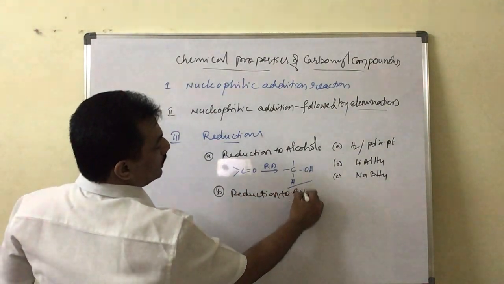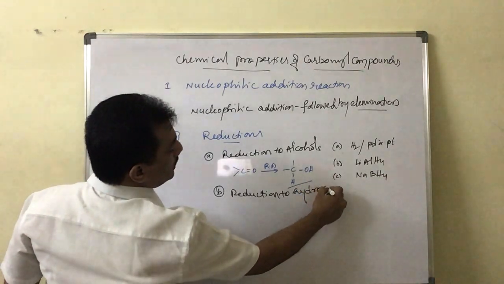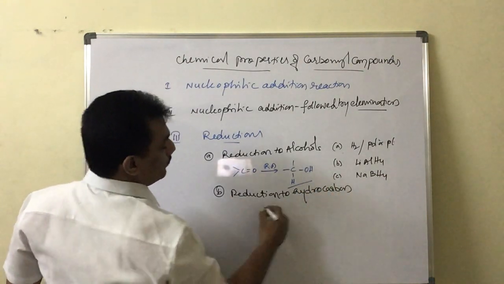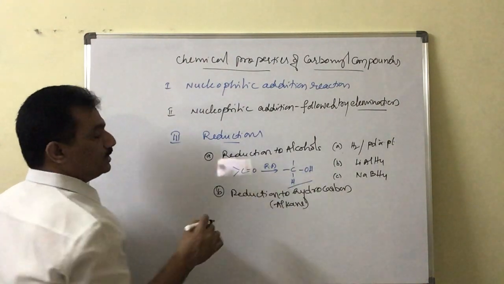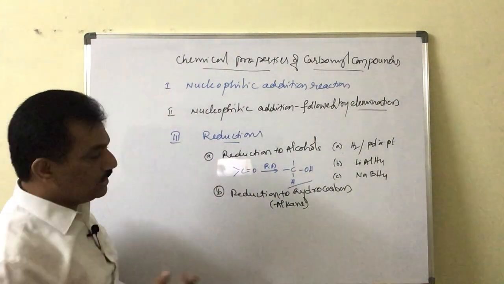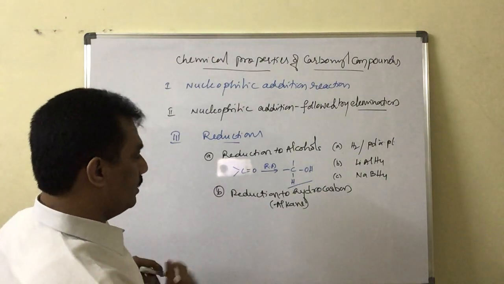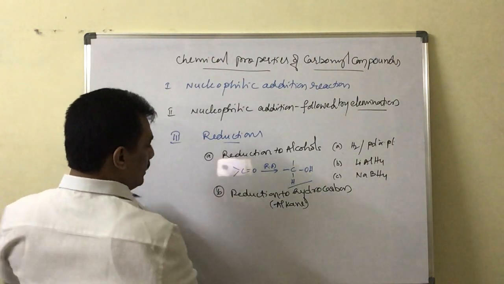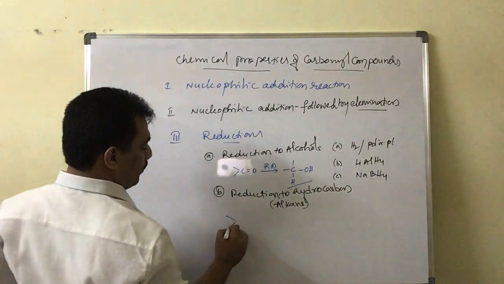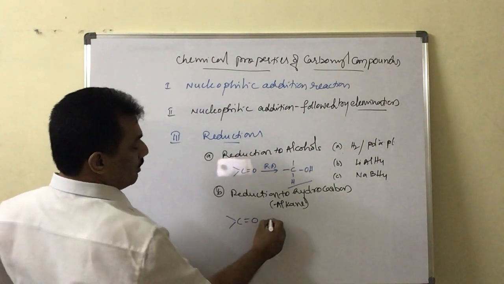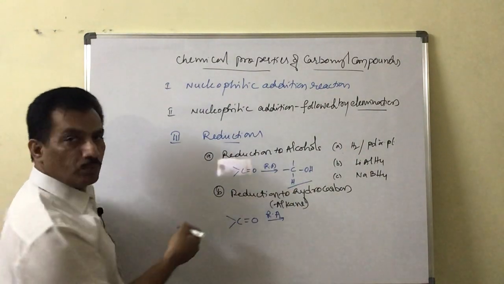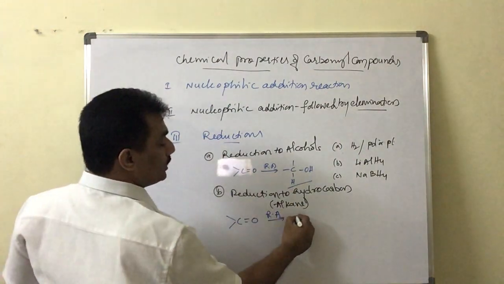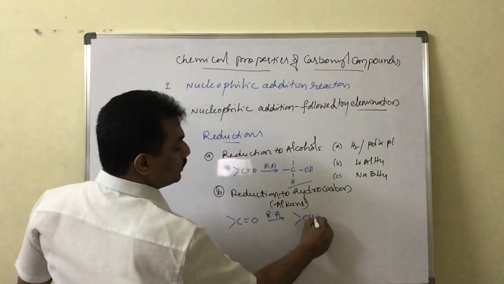Reduction to hydrocarbons. Here the hydrocarbons are just alkanes in most cases. If the carbonyl group is a saturated carbonyl group, then it leads to a hydrocarbon. Here the C double bond O, that is the carbonyl group, when treated with a special type of reducing agent, which I am going to provide, will be converted to CH2.